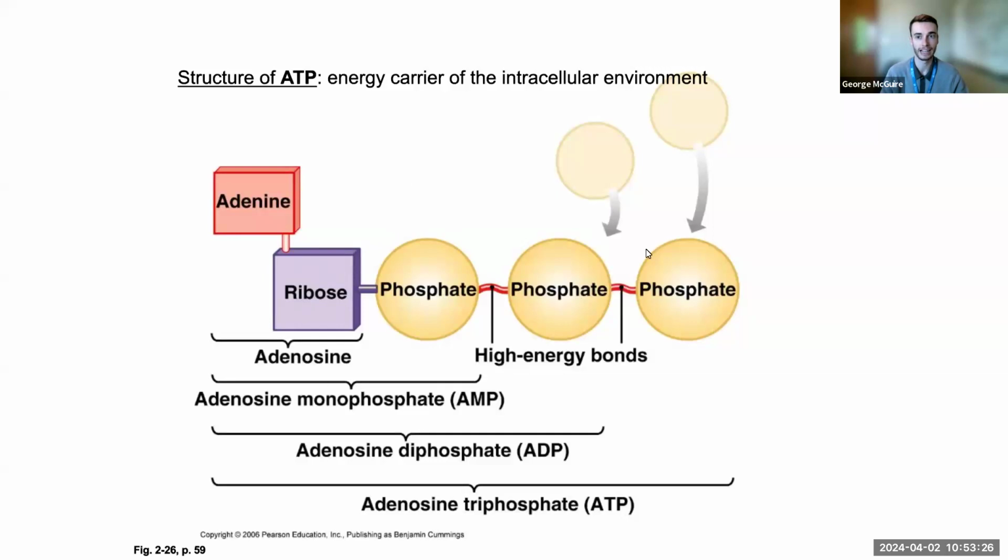And this is a high energy carrying molecule that can be accessed by any part of the cell, or at least a protein can break those bonds anywhere in the cell and thus release some free energy to power work. And so ATP is the cellular currency, the main energy carrier for the entire cell.